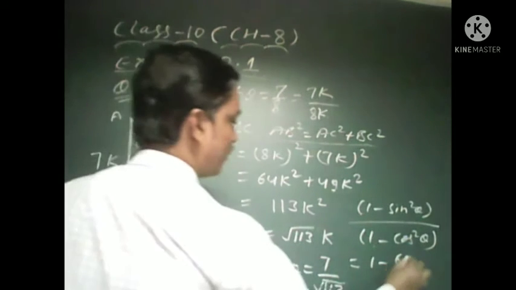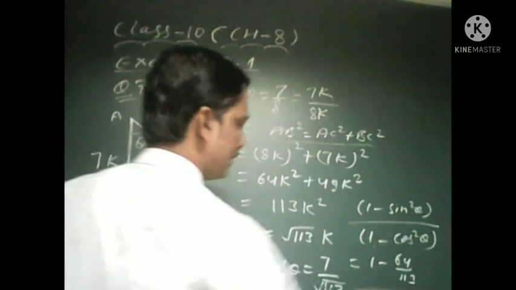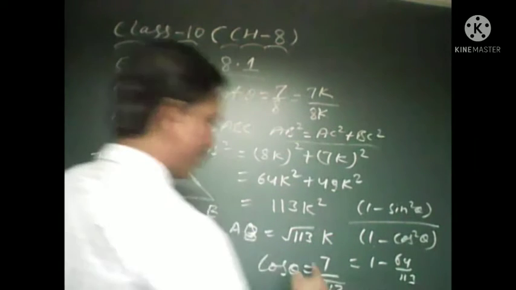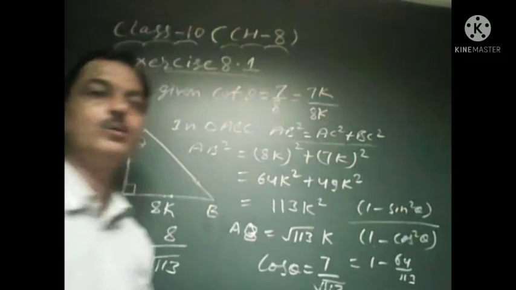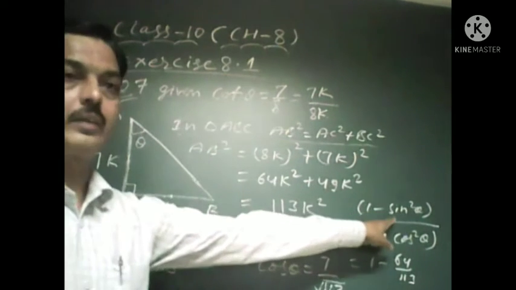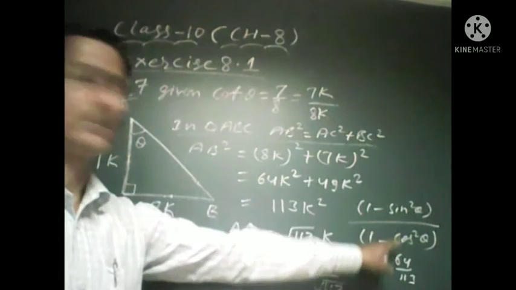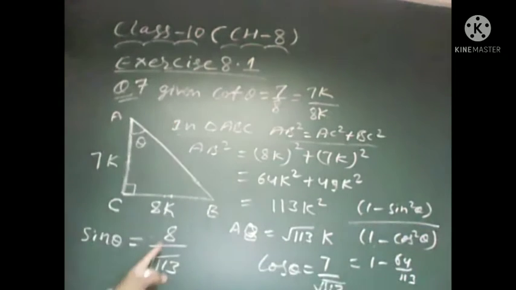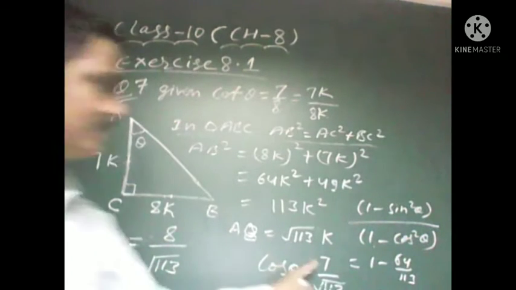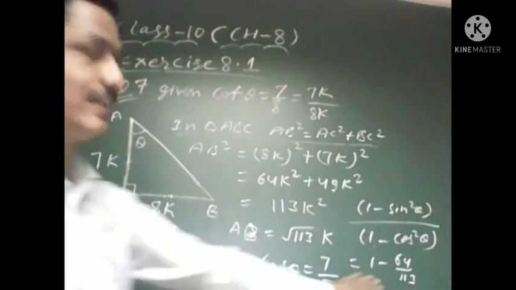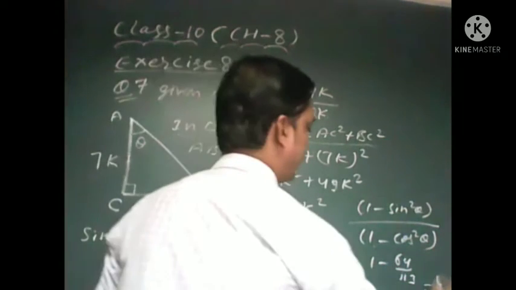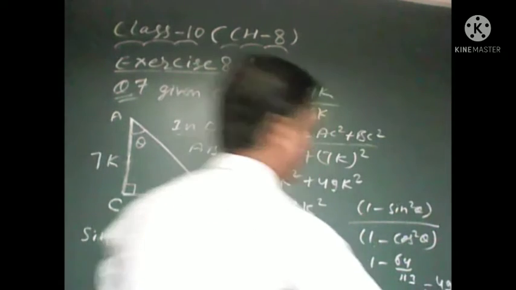Squaring this, 64 upon 113. 1 minus squaring this, 49 upon 113. Yes or no? By squaring both sides, right? Squaring here and squaring here. 8 upon 113, 7 upon 113. And after calculating this, you will get 49 upon 64.